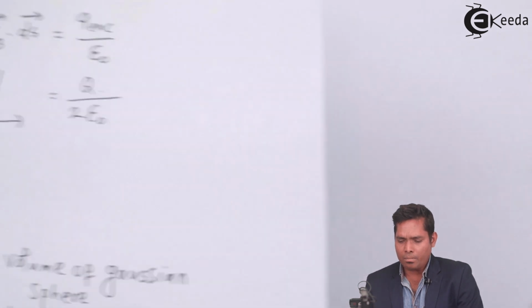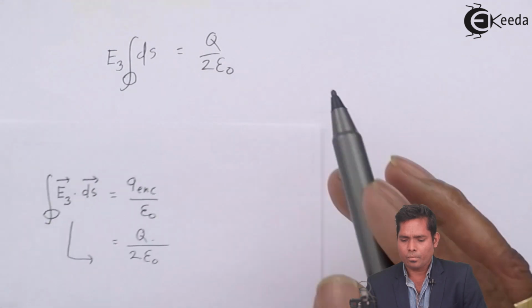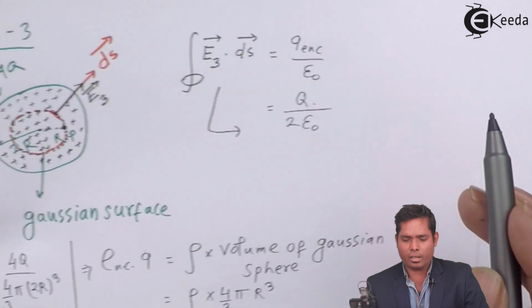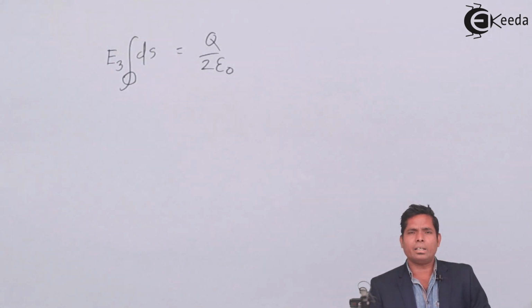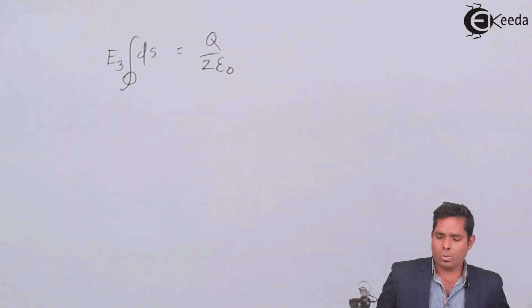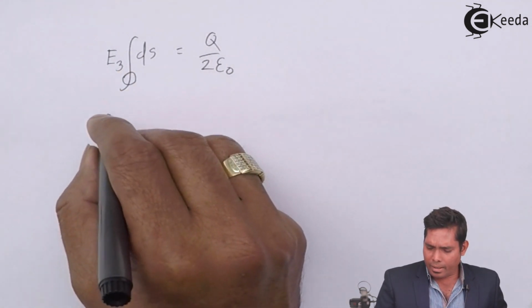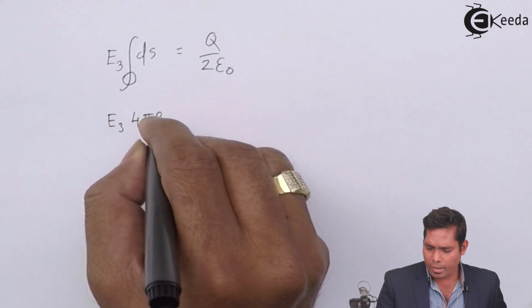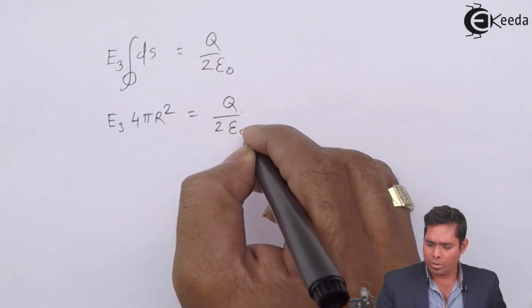E3 comes out, and ds integration you have to take, because the angle between the E3 vector and the ds vector is 0. This is a sphere whose surface area is 4 pi r square. This equals Q upon 2 epsilon naught.